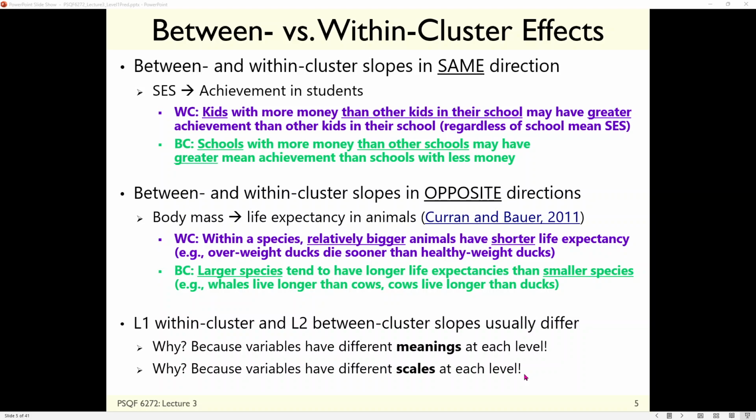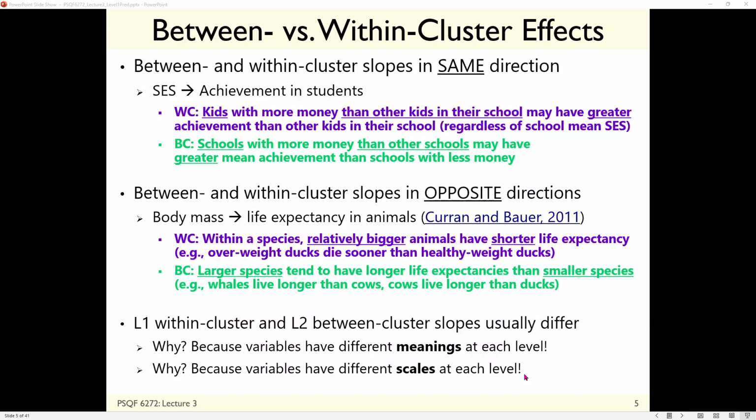So if you think about what a slope is, let's do an old-fashioned review. What's a slope? Change in y based off of change in x. Yeah, change in y for a 1 unit change in x. And if we wanted to create a standardized slope, which we're not doing in this class, but you might have done that in intermediate or other classes, you need to know what the standard deviation of x and y are, right?